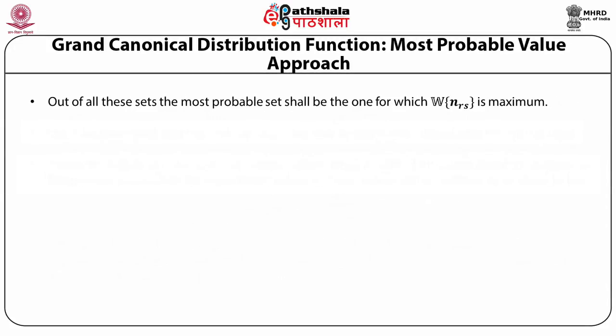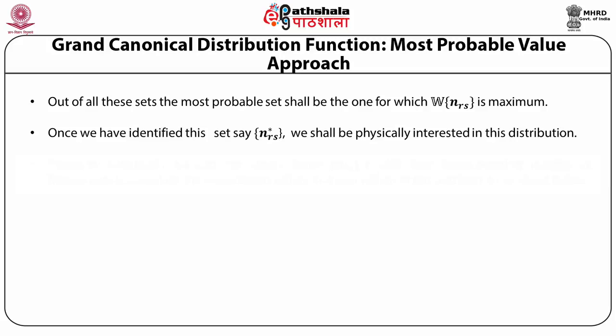Out of all these sets, the most probable set shall be the one for which W of the set N_SR is maximum. Once we have identified this set, say, represented by the set N star SR, we shall be physically interested in this distribution.